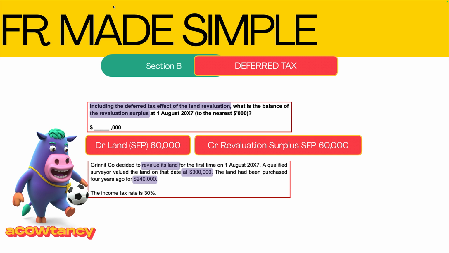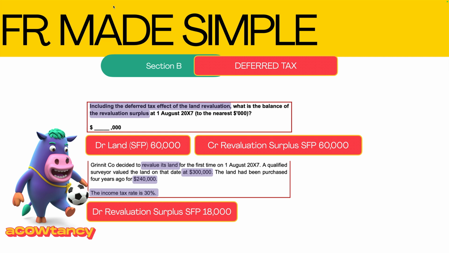But because it's a revaluation, there will be some deferred tax on that. And it says 30%, and we've got to include this. So the 30% deferred tax on the 60,000 is 18,000. And what we do is we debit the OCI, which effectively debits the revaluation surplus. Why do we debit the OCI, not the income statement? Because the revaluation gain went to the OCI.